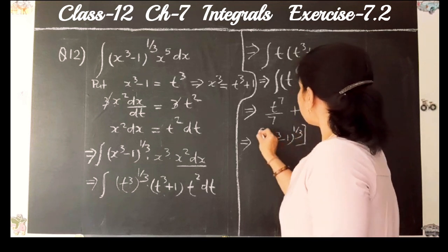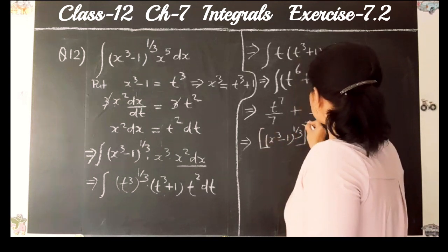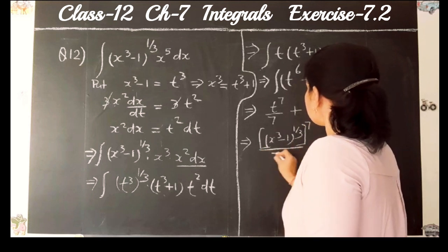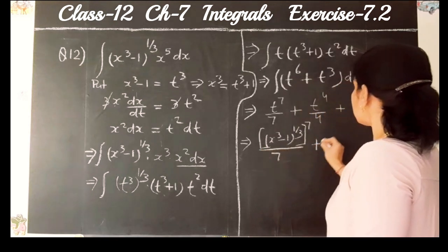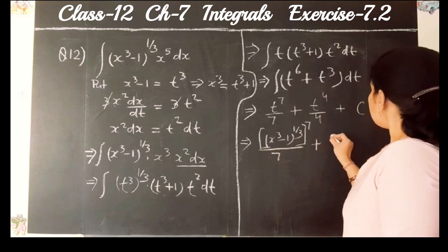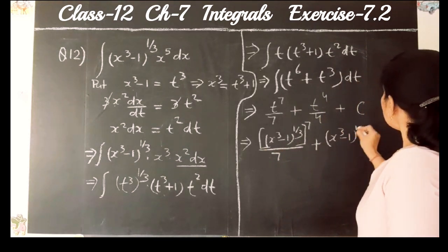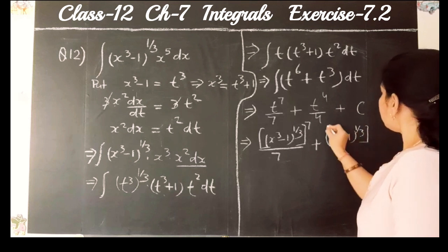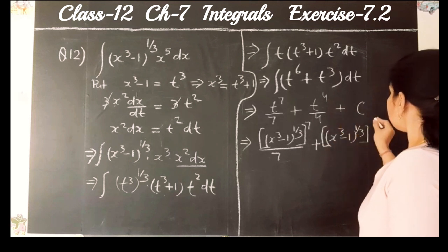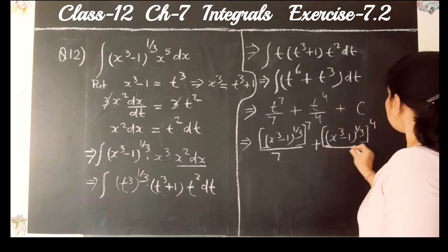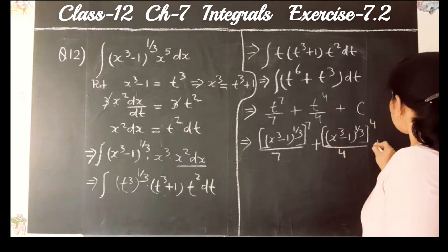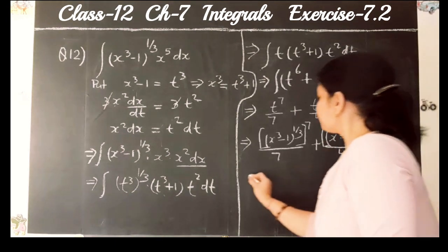And here it is given power 7. So write here 7 divided by 7 plus, t is equal to again x cube minus 1 power 1 by 3, and write this power 4 divided by 4 plus constant c.